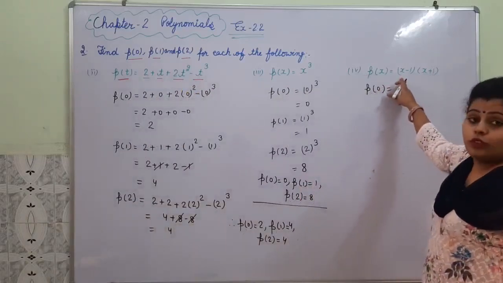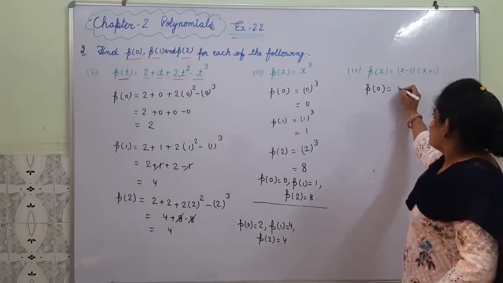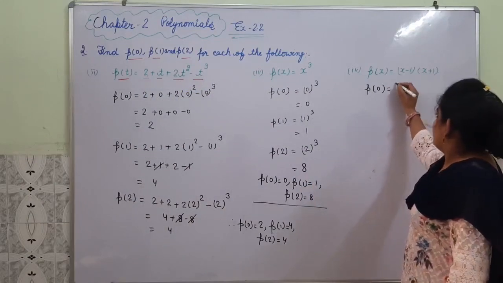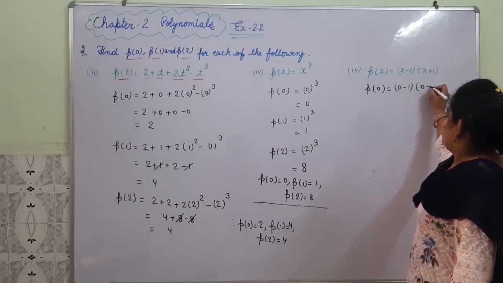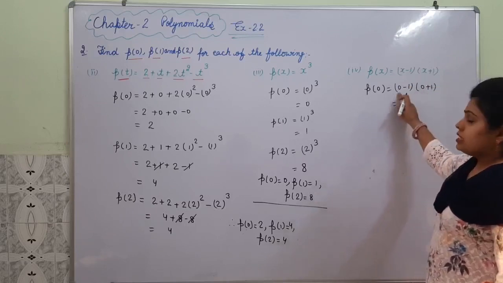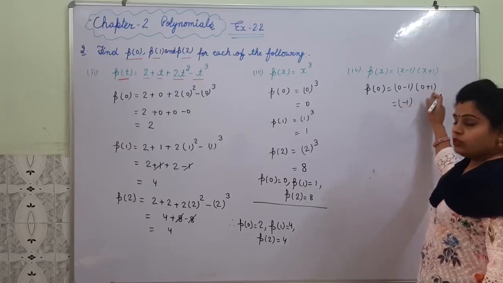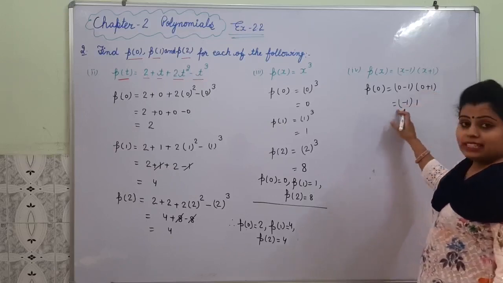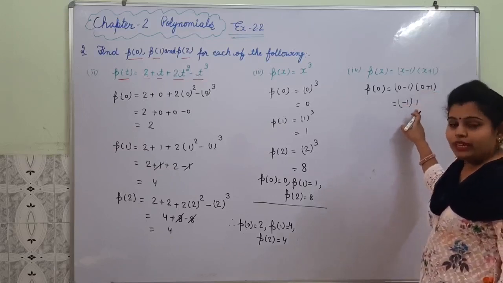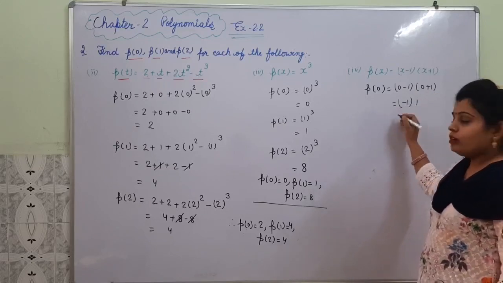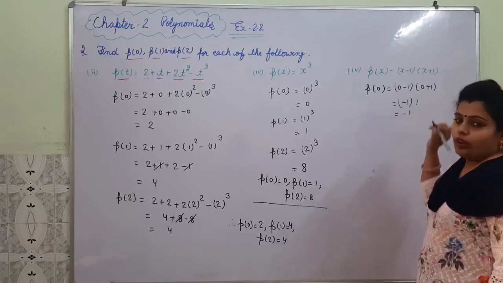P of 0 means we will replace x by 0. 0 minus 1 into 0 plus 1. 0 minus 1 means minus 1, into 0 plus 1, 1. And these both are in multiplication, so minus 1 multiplied by 1, we will get minus 1.